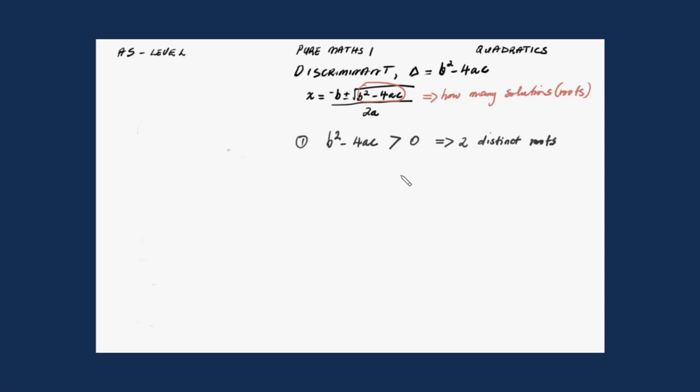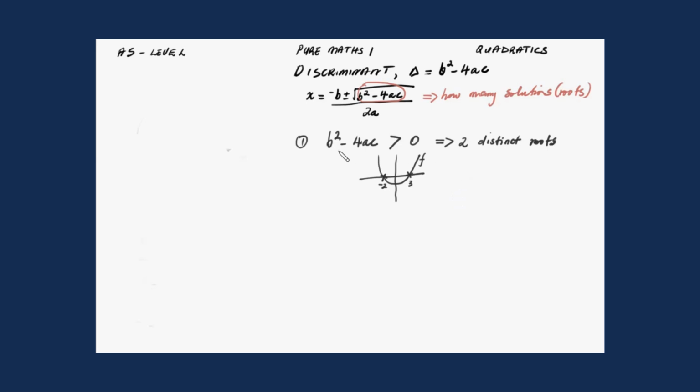That means our equation has got two unidentical solutions. For instance, if the quadratic graph cuts the x-axis at this point and at this point, that means there are two distinct roots. Let's say we have negative 3 here and 3 there. Are you aware? So negative 3 and 3 are different, they are distinct roots.